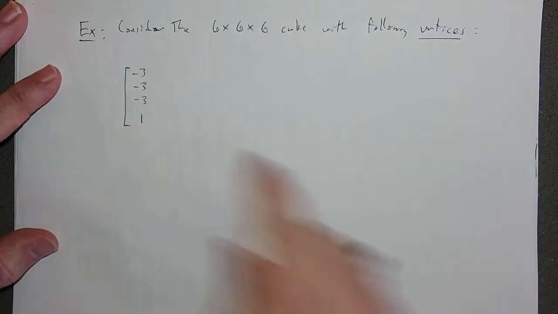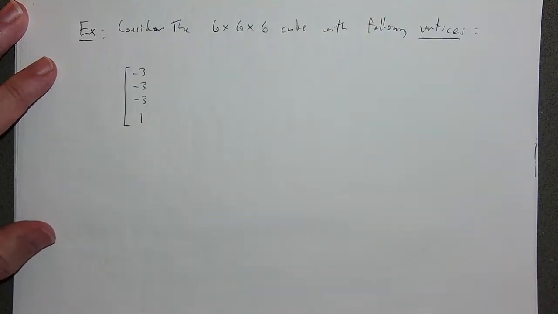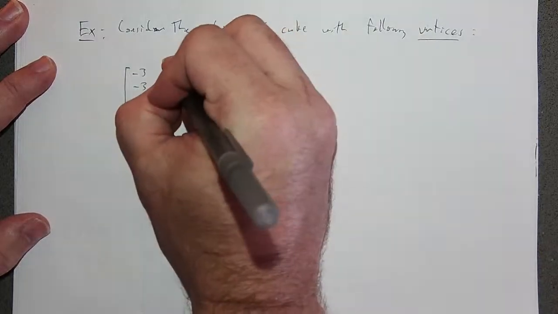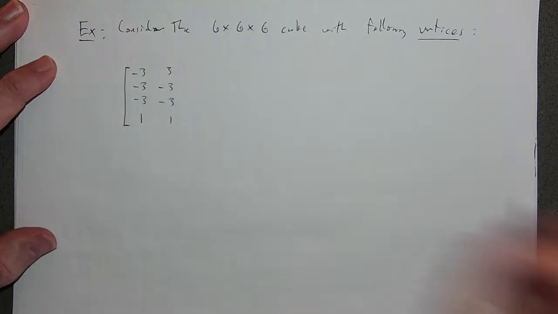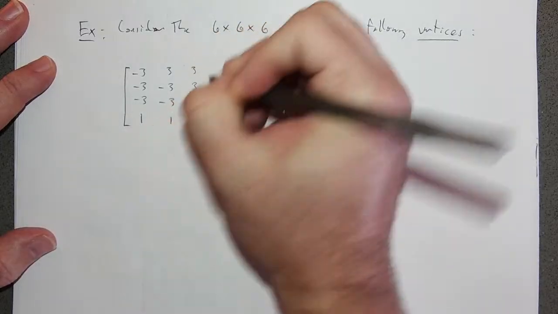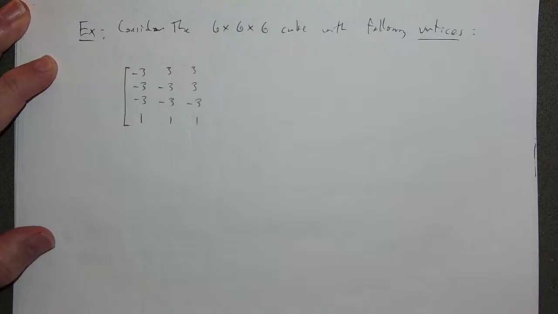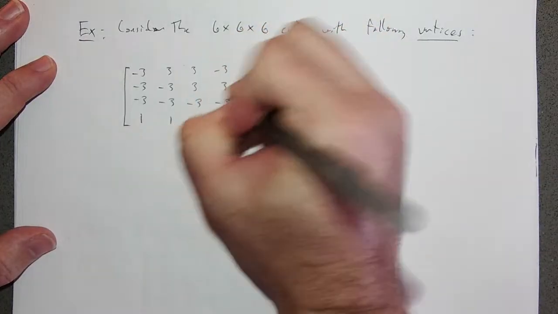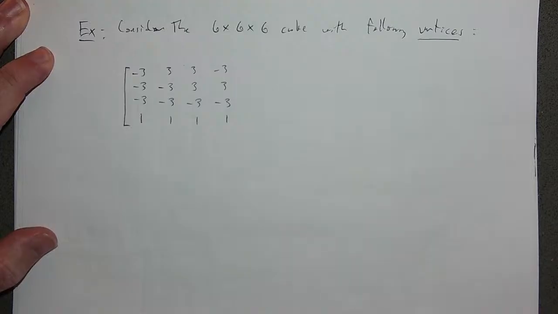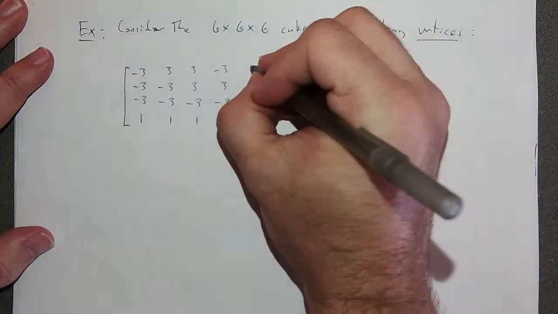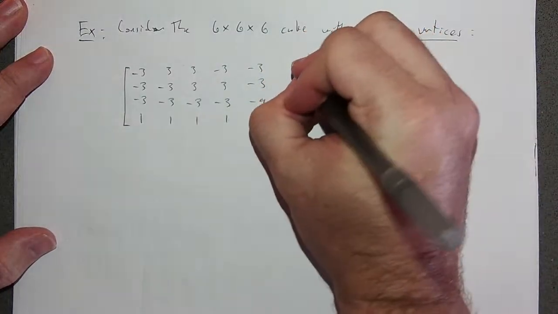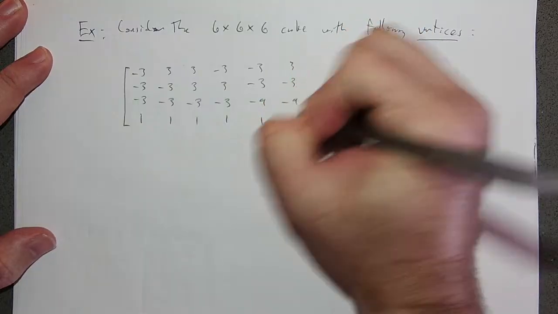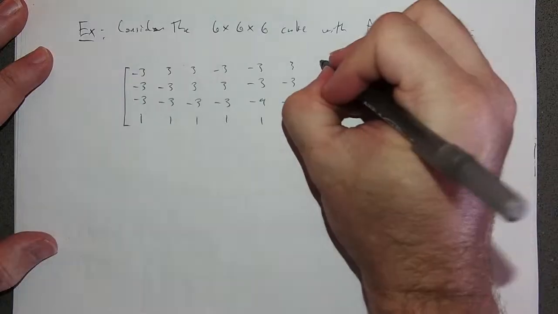All these points have a 1 in the last slot because that's how we're encoding these. 3, -3, -3. 3, 3, -3. -3, 3, -3. -3, -3, -9. 3, -3, -9. 3, 3, -9.